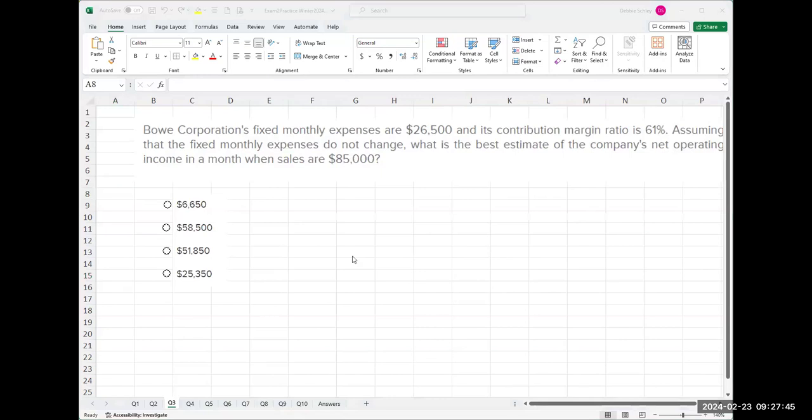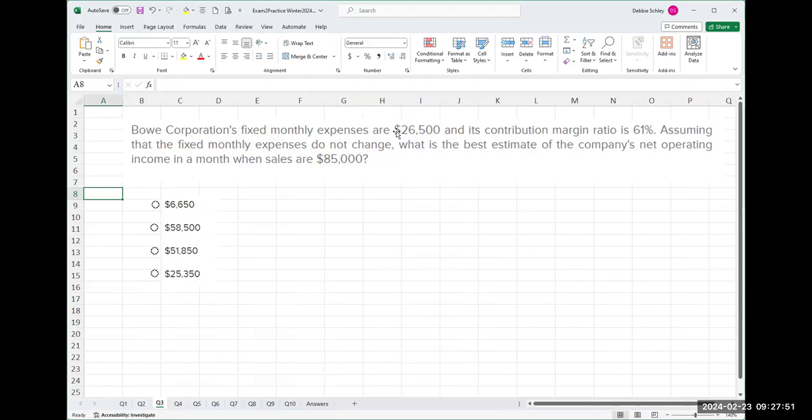All right, question 3. Bowie Corporation, so we can see, okay. Fixed monthly expenses are 26,500 and its contribution margin ratio is 61%. Assuming that the fixed monthly expenses do not change, what is the best estimate of the company's net operating income in a month when sales are 85,000?